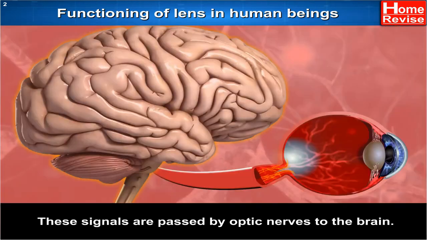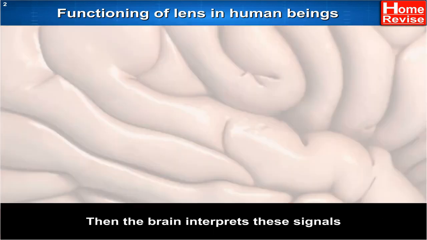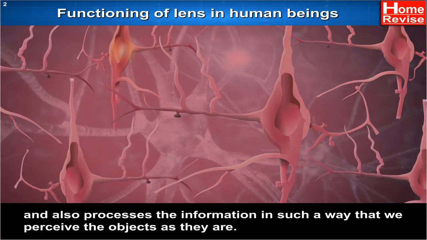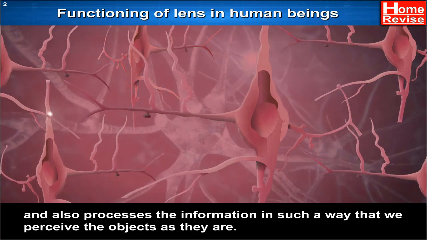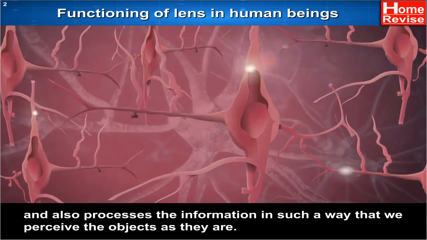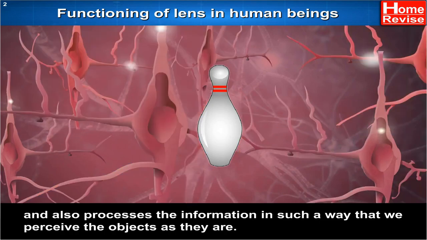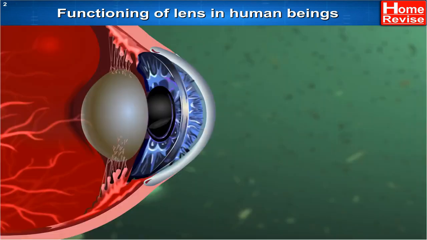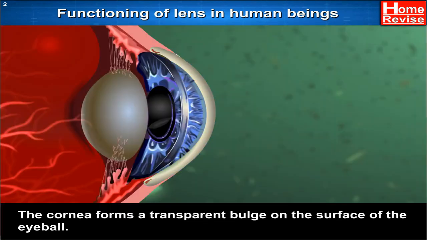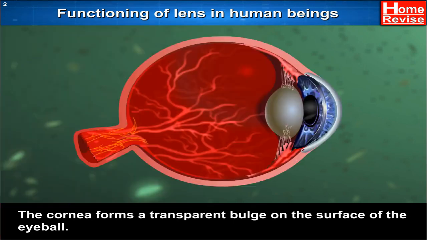These signals are passed by optic nerves to the brain. Then, the brain interprets these signals and also processes the information in such a way that we perceive the objects as they are.